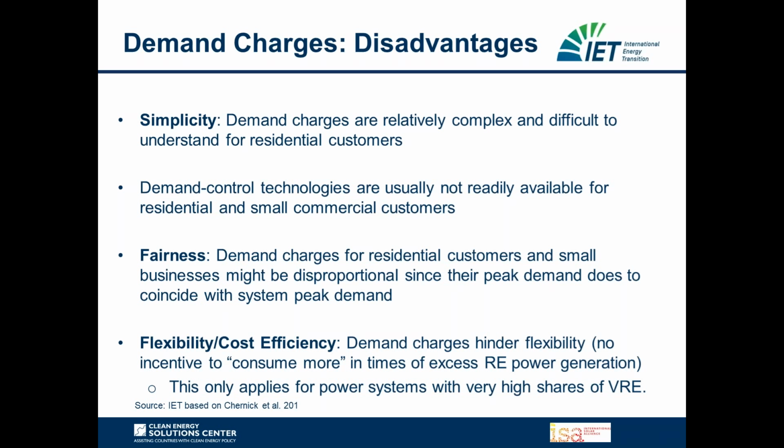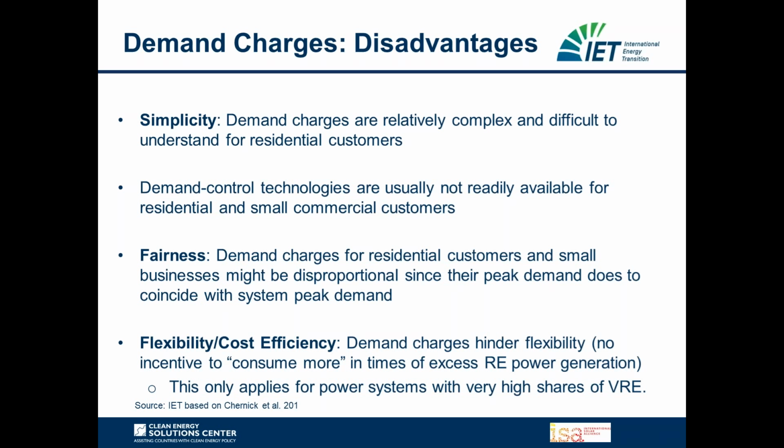And then from a flexibility, cost efficiency point of view, you might still remember the one slide I showed you with Germany in 2020, where in some hours there will actually be an oversupply of solar PV and wind energy. If you then have demand charges in the system, you're actually always giving any type of consumer group an incentive to say, oh, don't consume, try to reduce your peak electricity demand.